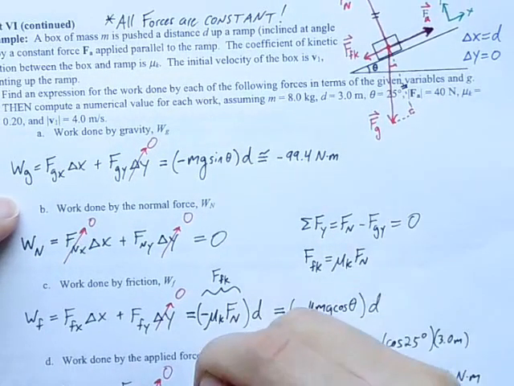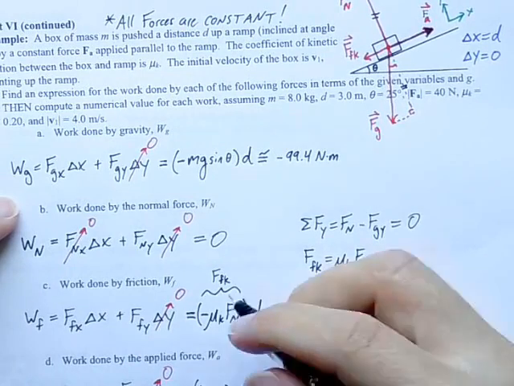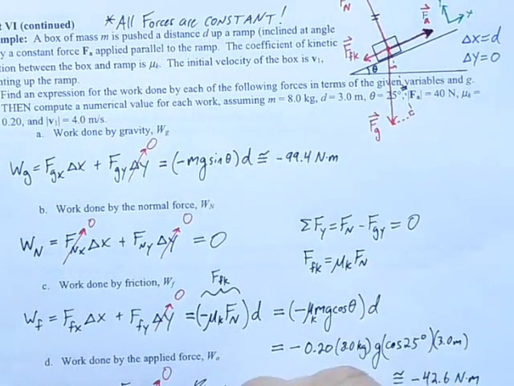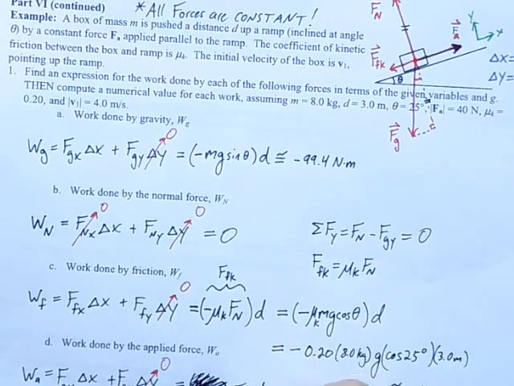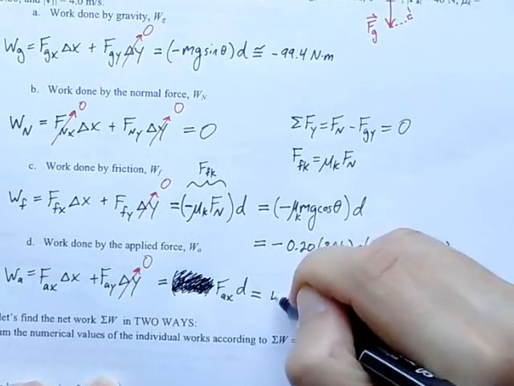So we could just write here 40 newtons times our displacement. Sorry, I should put an intermediate step here. Let's write Fax times d, and then show our numerical substitutions.